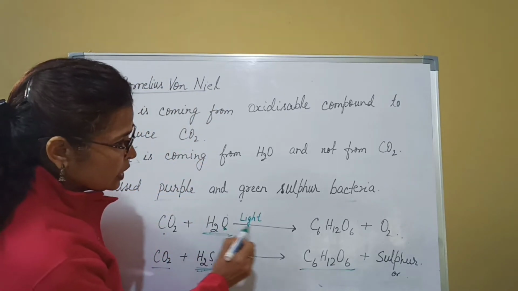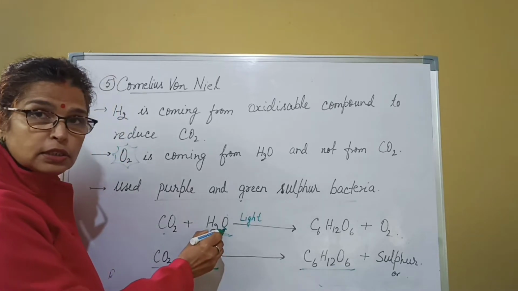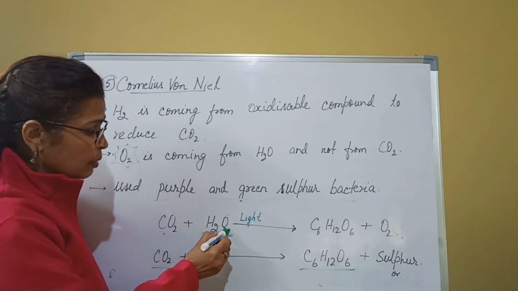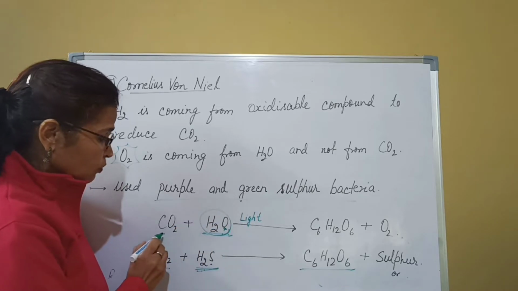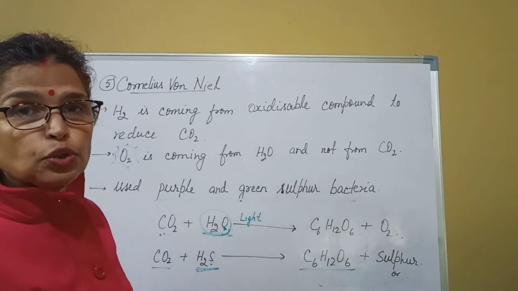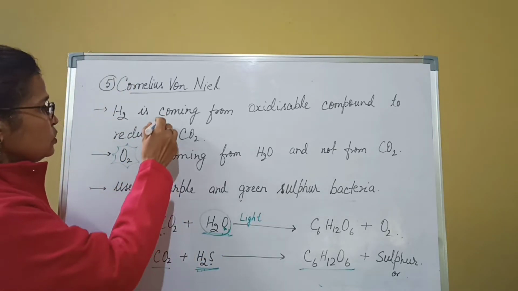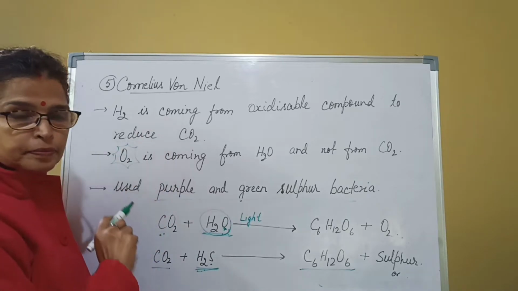So here the oxygen is released from water. This proves that the oxygen released in the atmosphere is coming from water, not from CO2. He later used the radioisotopic technique also to prove these 2 points.